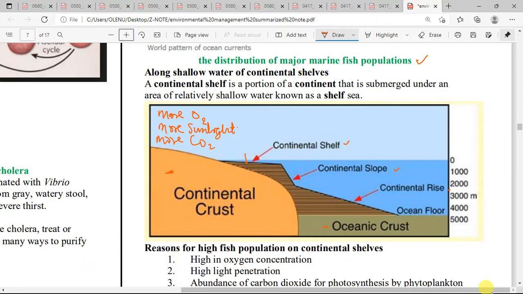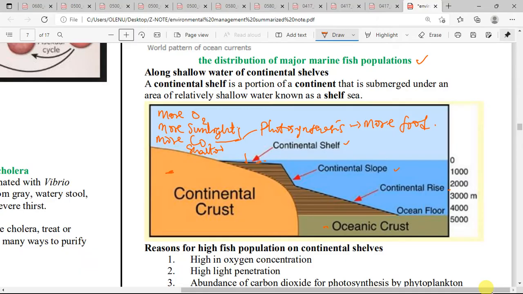You need this sunlight and carbon dioxide for the plants found within this continental shelf to undergo photosynthesis. Once these plants photosynthesize, that signifies there is more food around this continental shelf. This continental shelf has more food.